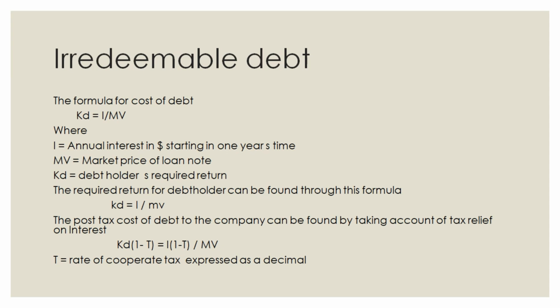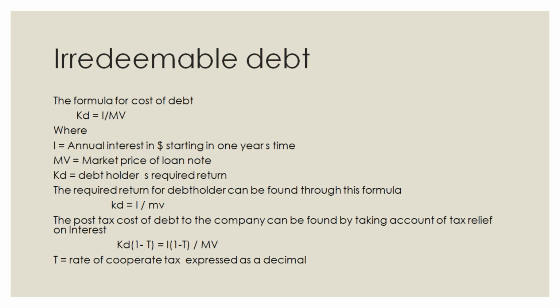The required return for the debt holder can be found through this formula, Kd equal to I divided by MV. It means that for the individual debt holder, you should not consider the tax relief.